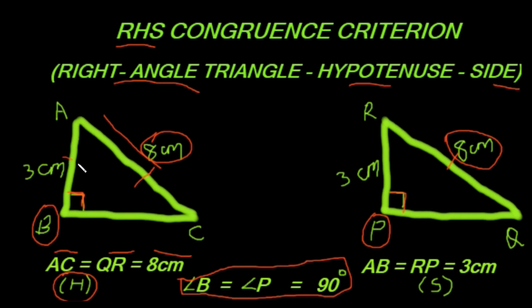See, AB, that is 3 centimeters, and now RP is again 3 centimeters. So AB equal to RP is 3 centimeters. This is the side. So the corresponding right angle triangle, hypotenuse and the sides are equal for this triangle, then they are said to be congruent.